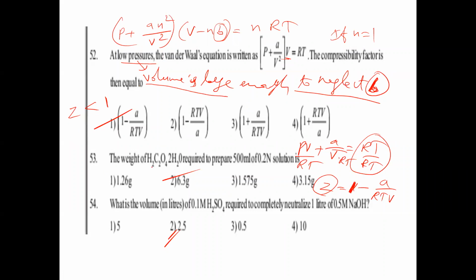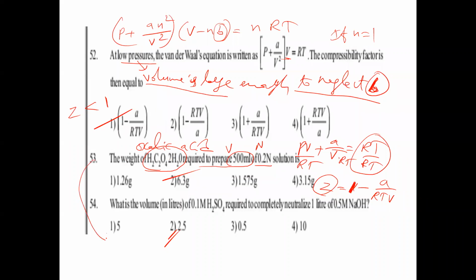Next, the weight of H2C2O4 2H2O. It is called oxalic acid. So the weight of oxalic acid required to prepare 500 ml volume of 0.2 normality solution is asked. So normality is given and weight of oxalic acid they're asking here. What is the formula of this normality relation?